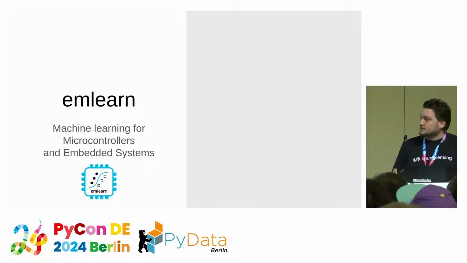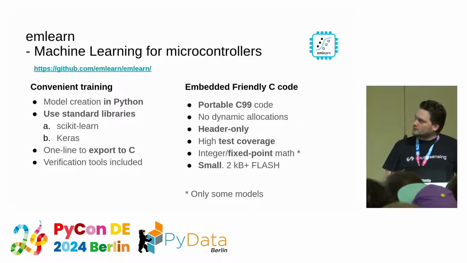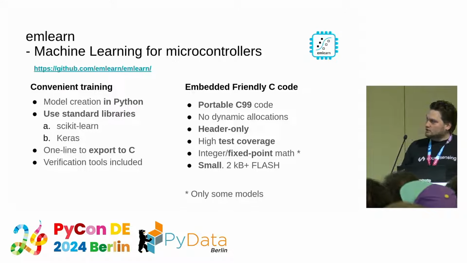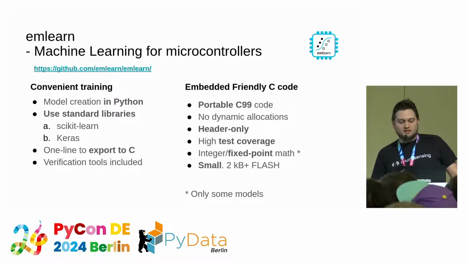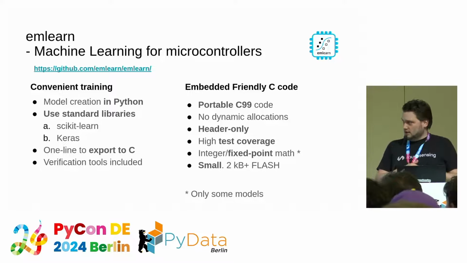So emlearn is an open source machine learning library for implementing such systems. Basically, a scikit-learn for embedded systems. Two key features: you have convenient training, so you use just your standard scikit-learn and Keras tools, and you don't need to learn anything new there. As time progresses, they improve, and you get all these improvements in these projects too.